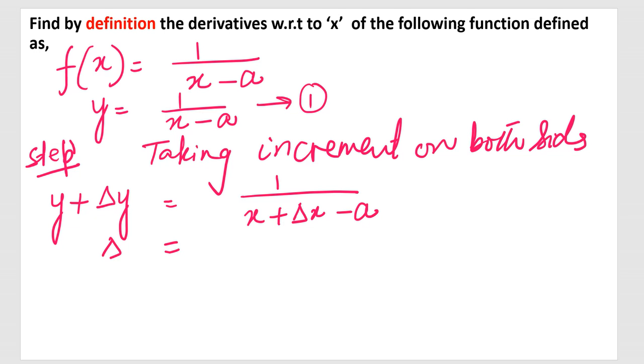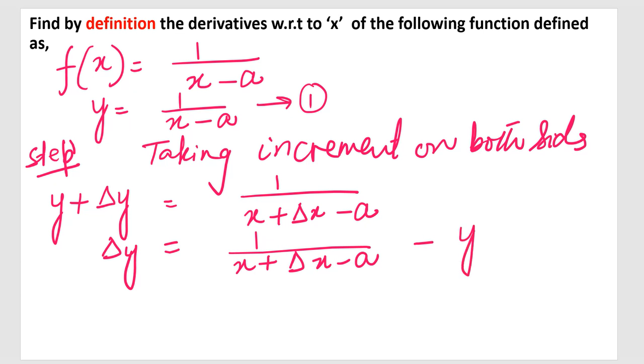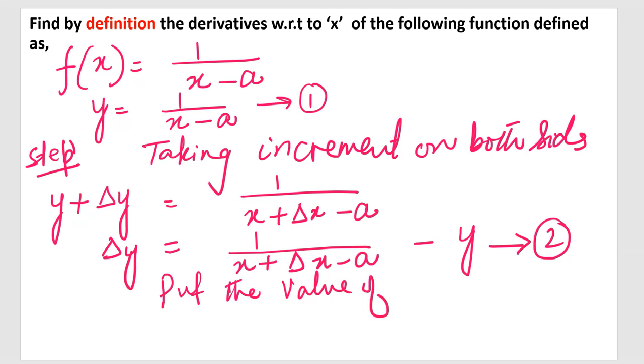In the next step, we will take this y, which is on the left hand side of the equation, to the right hand side. So it will be negative y, because here it is positive. When we take it to the other side of the equation, it will be negative y, and this is our equation number 2. But here I said that y is equal to 1 divided by x minus a, so we put the value of y from 1 into 2.